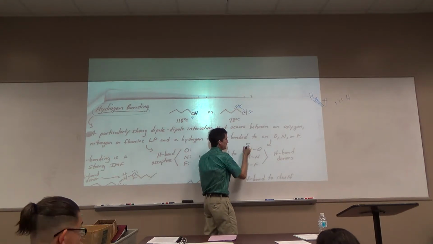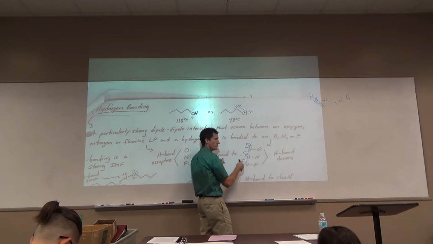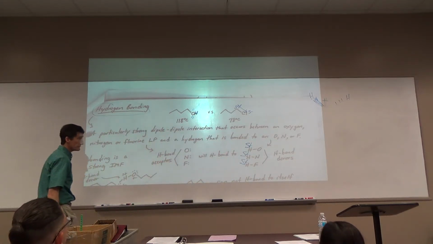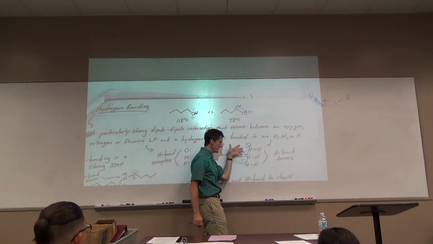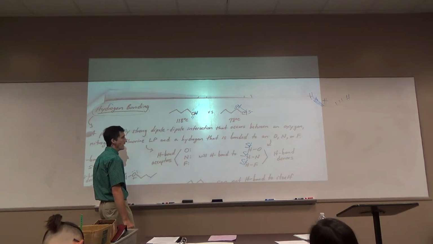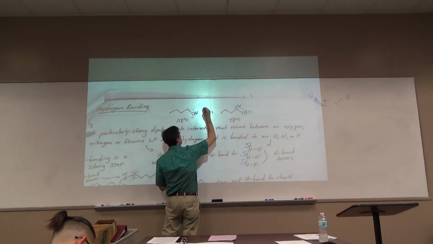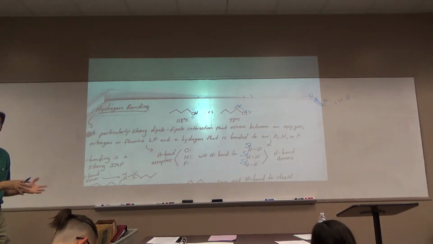This creates the most partial plus, and I'm drawing this big, most partial plus on the hydrogen. And this is called your H bond donor. The donor supplies the H of the scenario. So this is an H bond donor. It's partial positive because it's on the oxygen.